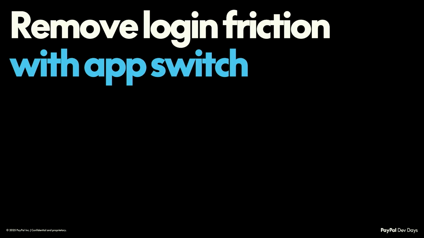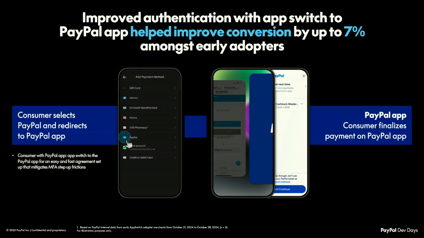Moving over to the second part, let's say you've finished calling the Payment Ready API. You presented either PayPal or Venmo as a button. Let's say for the purpose of this example, you've picked PayPal. Once you click on PayPal, you're still going to have some sort of login friction. So what are we doing with that?